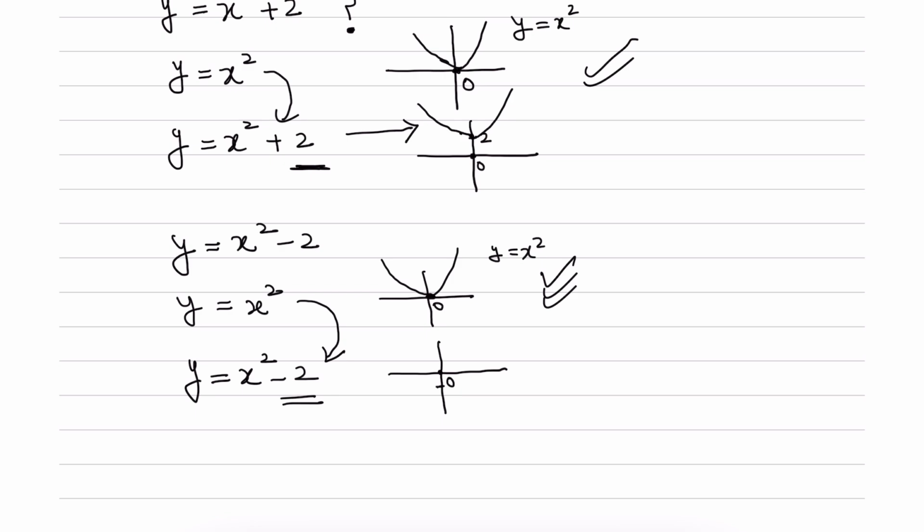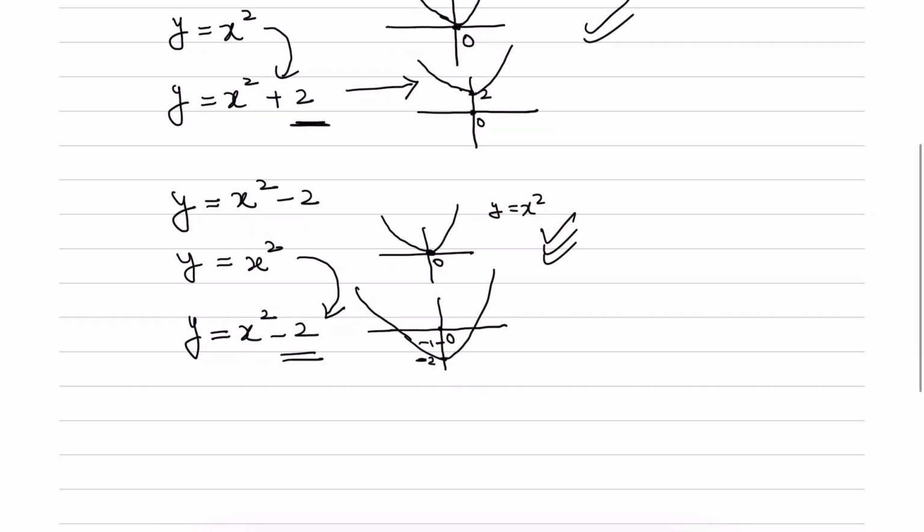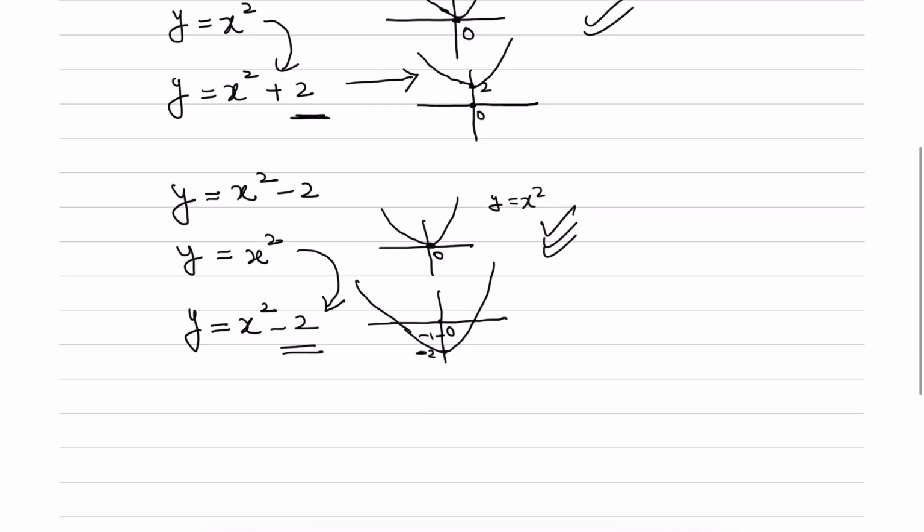So 1 unit down is minus 1, another unit down, minus 2, is here. So the same shape, but the origin is shifted now to minus 2. This is what you get for y equal to x square minus 2. So if on the right hand side of a function f of x you are adding 2, the graph goes 2 units up, and if you are subtracting 2, the graph comes 2 units down.